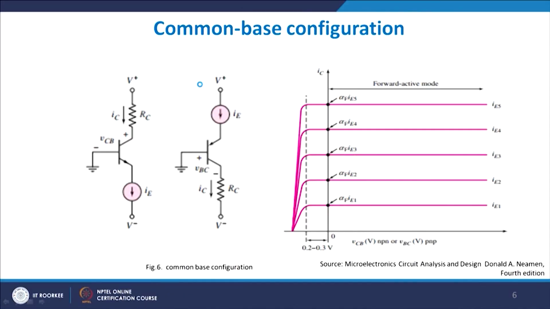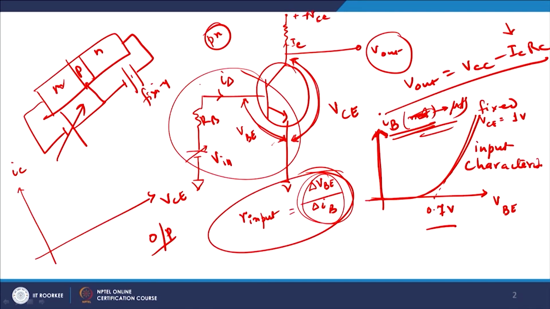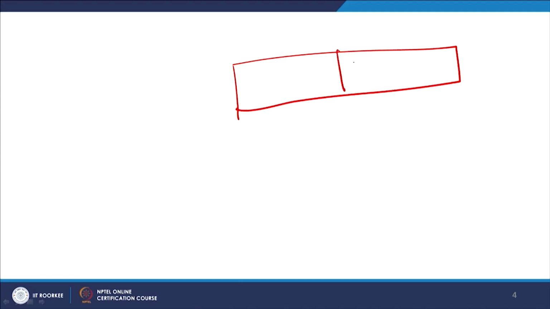We come to the next important configuration, and that is known as common base configuration. Common base means the base is common between emitter and collector.